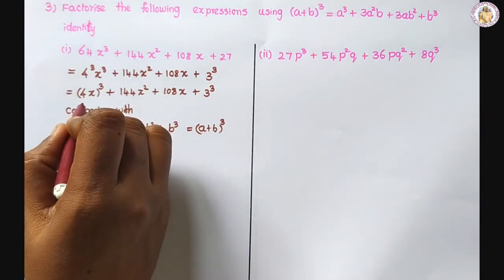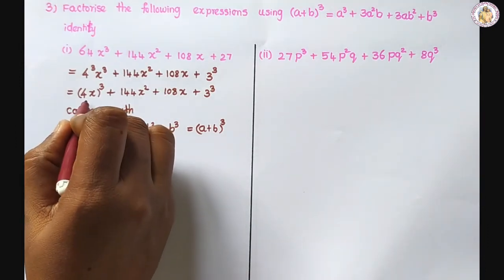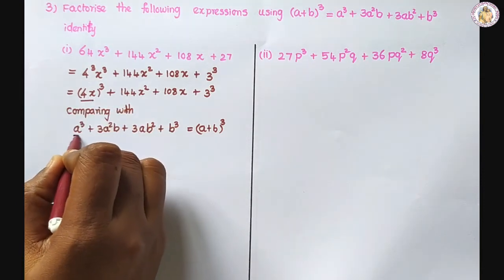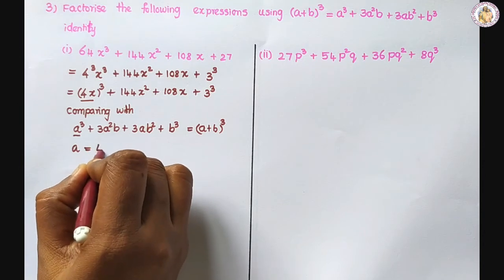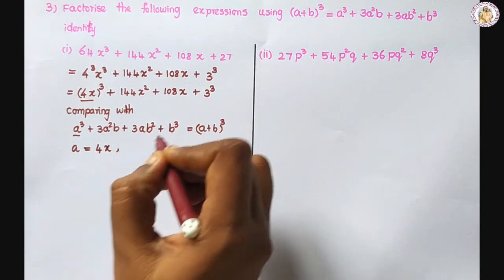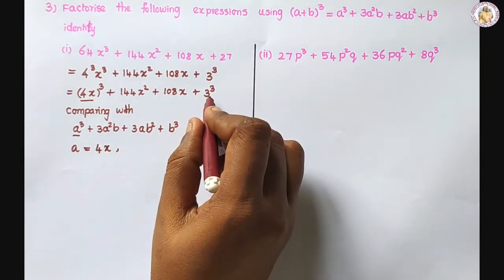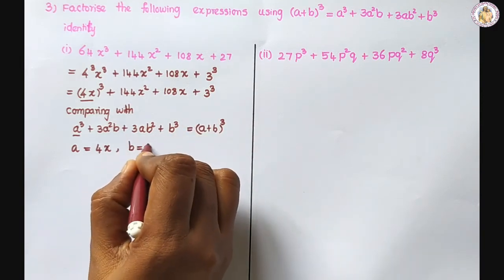From here, listen, 4x a cube, here 4x cube. So a equal to 4x and b cube, here 3 cube. So b equal to 3.